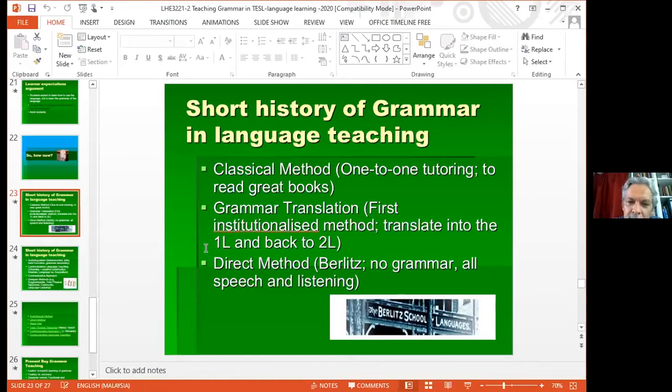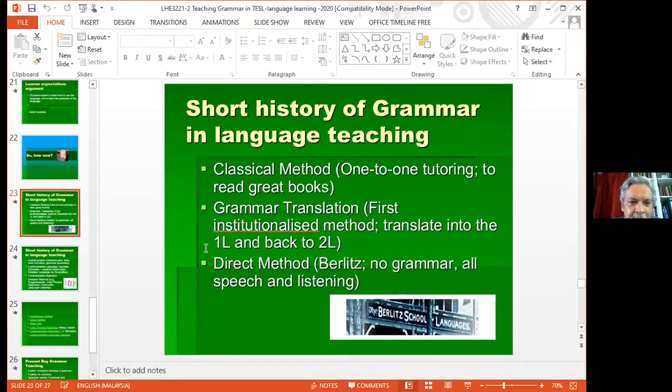When you want to use the language, grammar in speech is sometimes not given that much attention. So in the audiolingual method, grammar is still important, but it's not the goal.